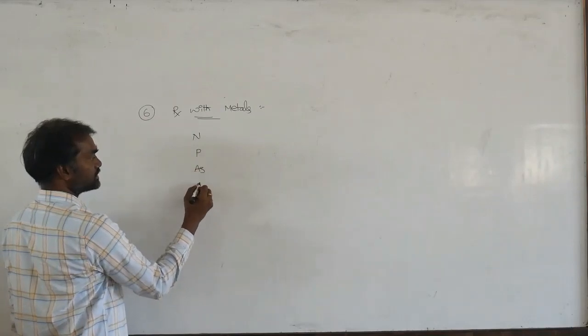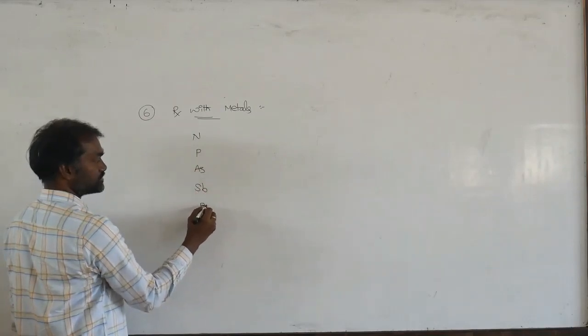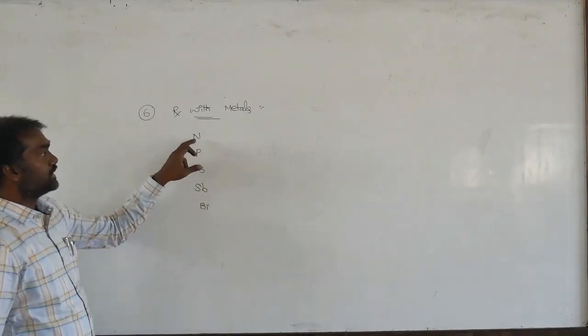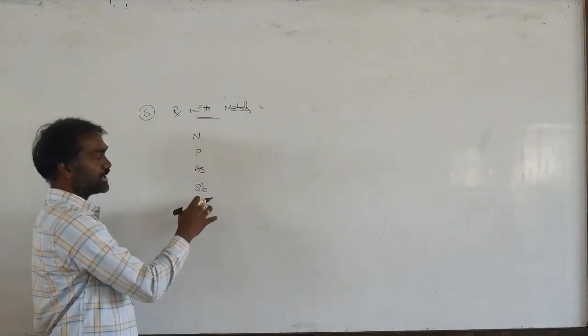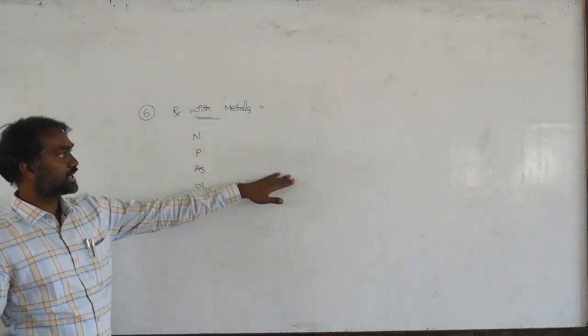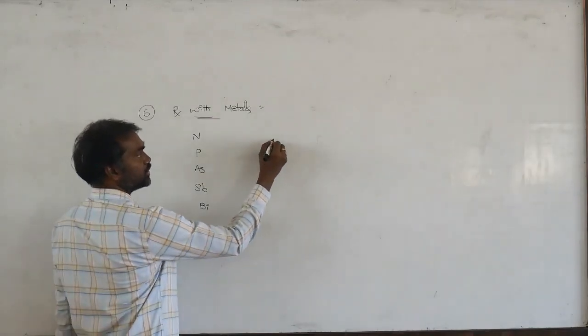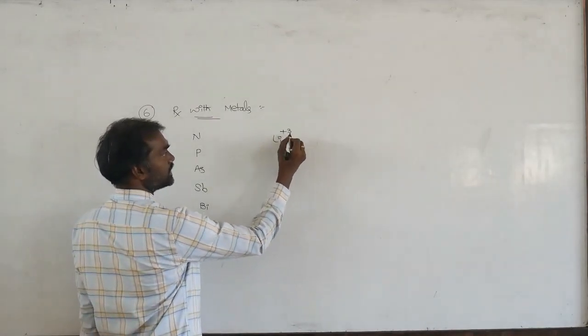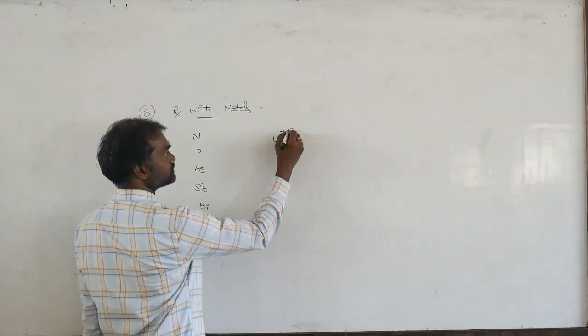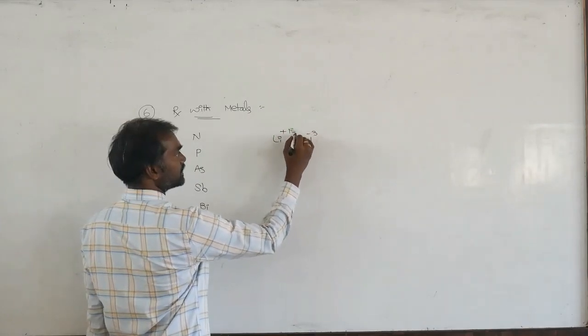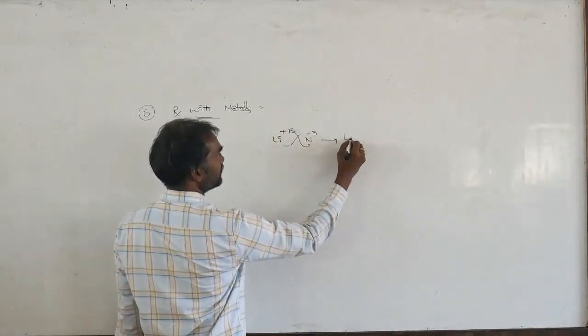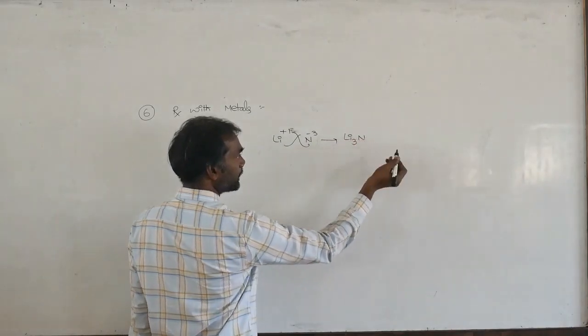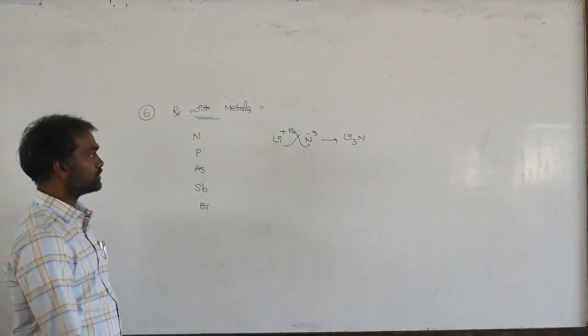Nitrogen, phosphorus, arsenic, antimony, bismuth. See, these have high electronegativity. So that's why they readily react with metals. So lithium is +1, nitrogen -3. So what is your formula? Li3N. So lithium nitride is possible.